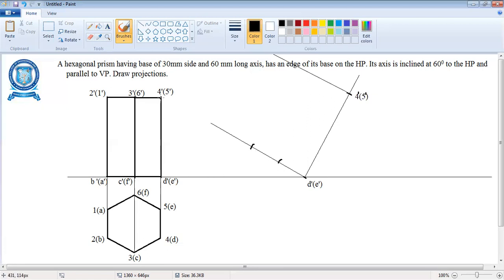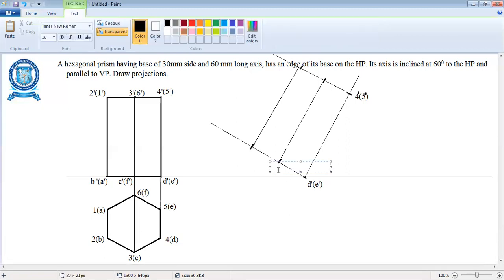In the same way, measure 4, 3 and 2 from 4 and mark them on this 90-degree line, and mark these points.